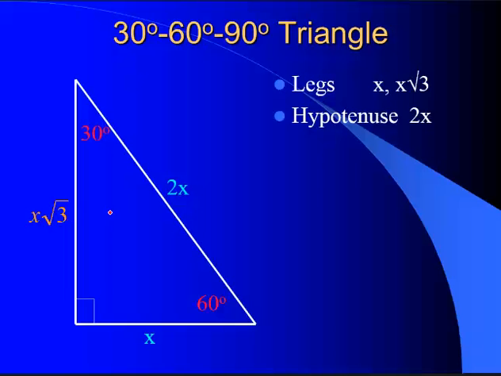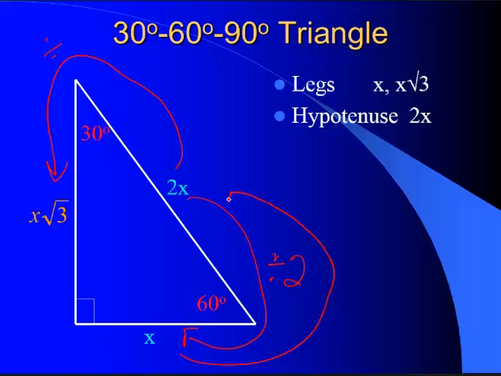Okay, so here's the general pattern. Again, you should have this written down somewhere to refer to. Be able to use it. If we're going from short to long, we're going to multiply.